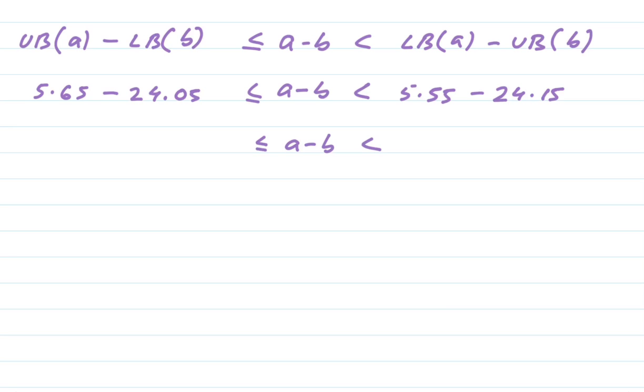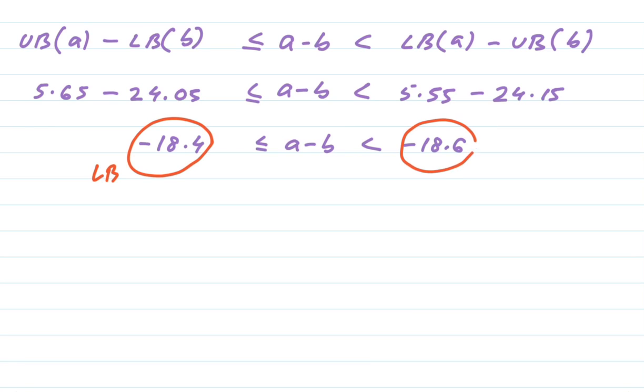The lower bound of A minus B equates to negative 18.6, and the upper bound of A minus B equates to negative 18.4. So this is going to be the lower bound, and this is going to be the upper bound of A minus B.